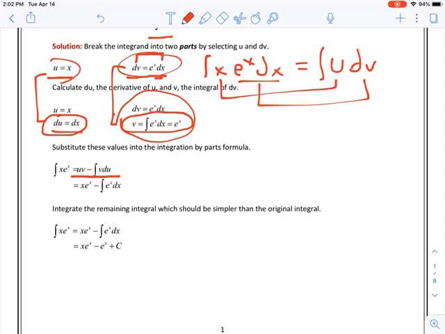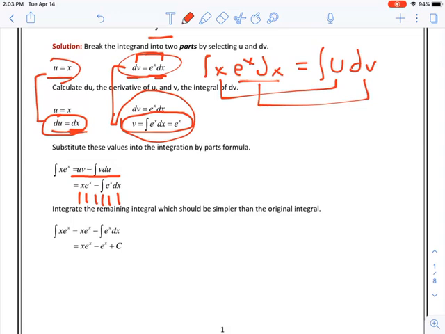We know that u is equal to x. We've found that v is e to the x, minus the antiderivative of v, which again is e to the x, and du is just dx. So there it is: we have uv minus the integral of v du.